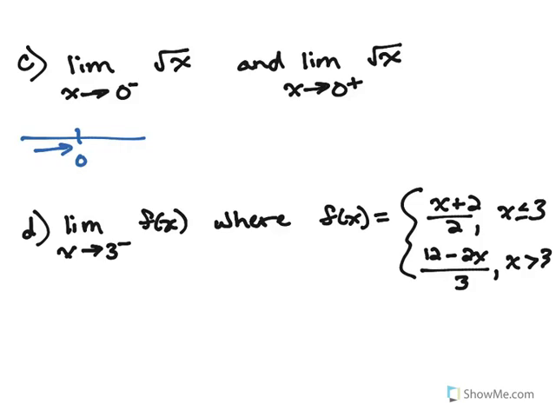And I can't take the square root of a negative number, so this one would be does not exist, because those numbers aren't in the domain of the function. But coming from the right, we would just substitute in 0. We're taking the square root of positive numbers when we're just to the right of it, and we would get 0.